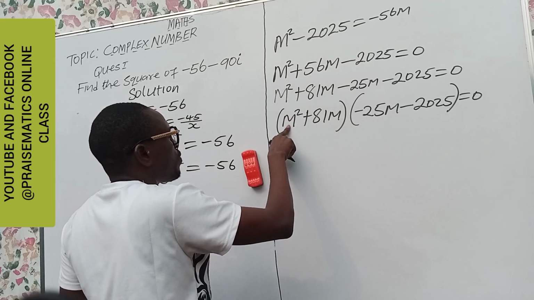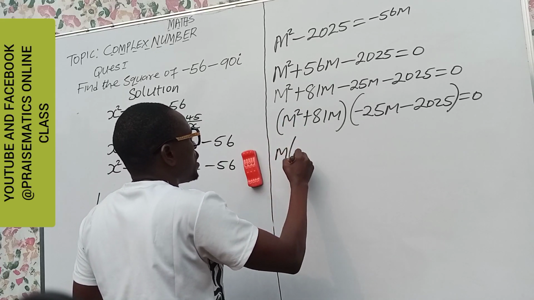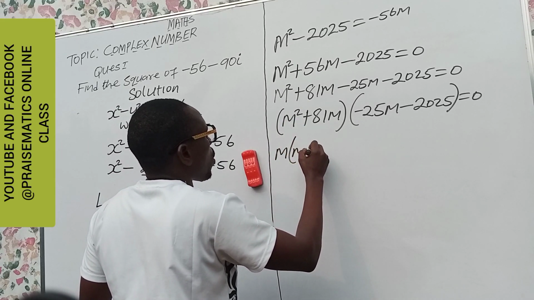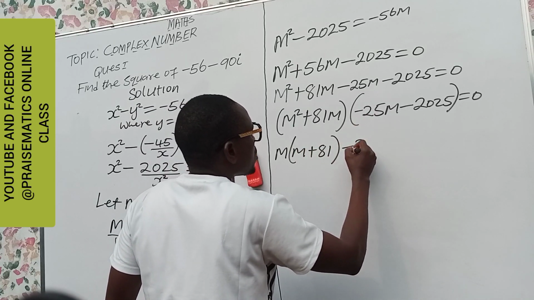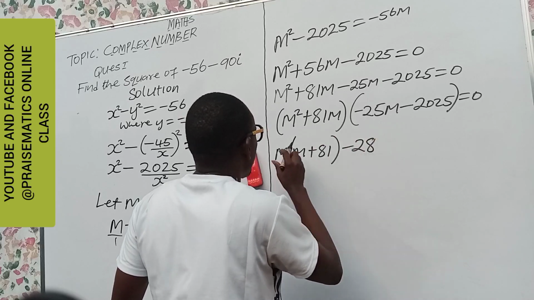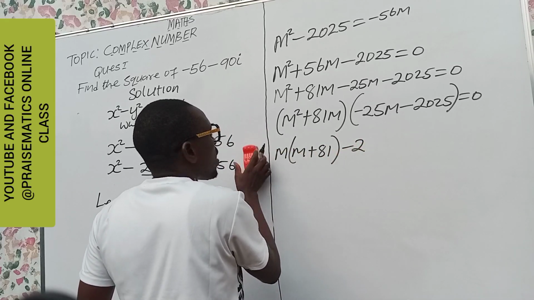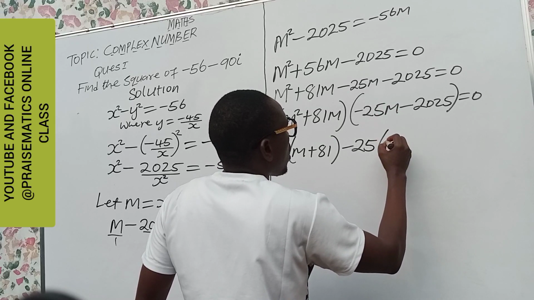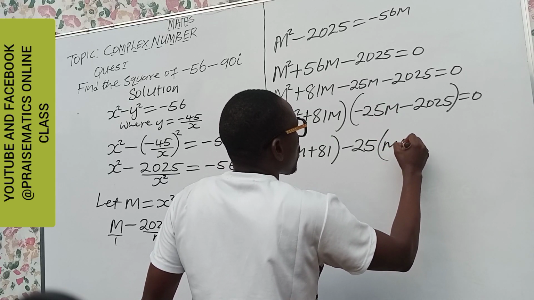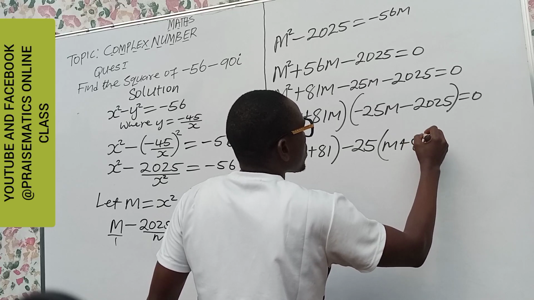Now we have m, we have 2m here. Bring 1 out: m into m plus 81. Close it. We have minus 25. Bring it out as minus 25 into m plus 81. Close it.